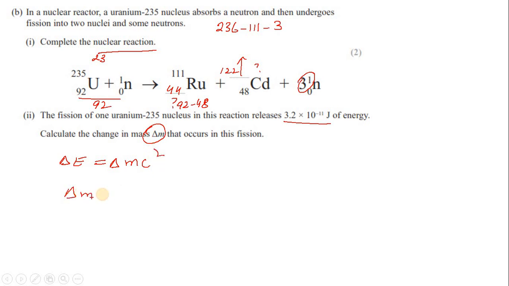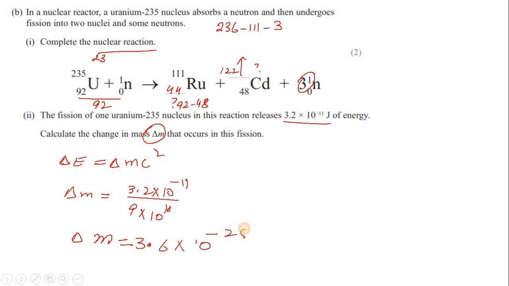So delta M is equal to 3.2 × 10^-11 divided by C squared, 9 × 10^16. So delta M would be equal to 3.6 × 10^-28 kilogram.